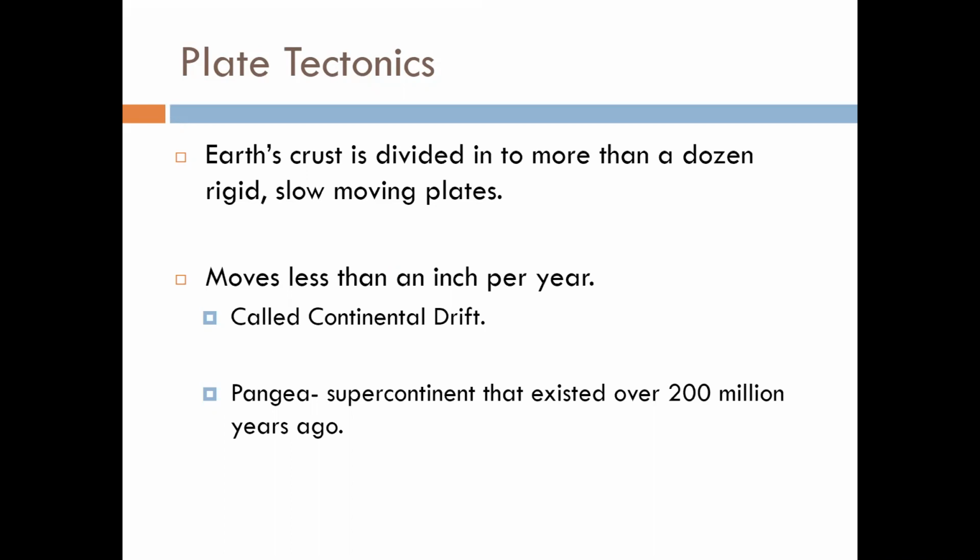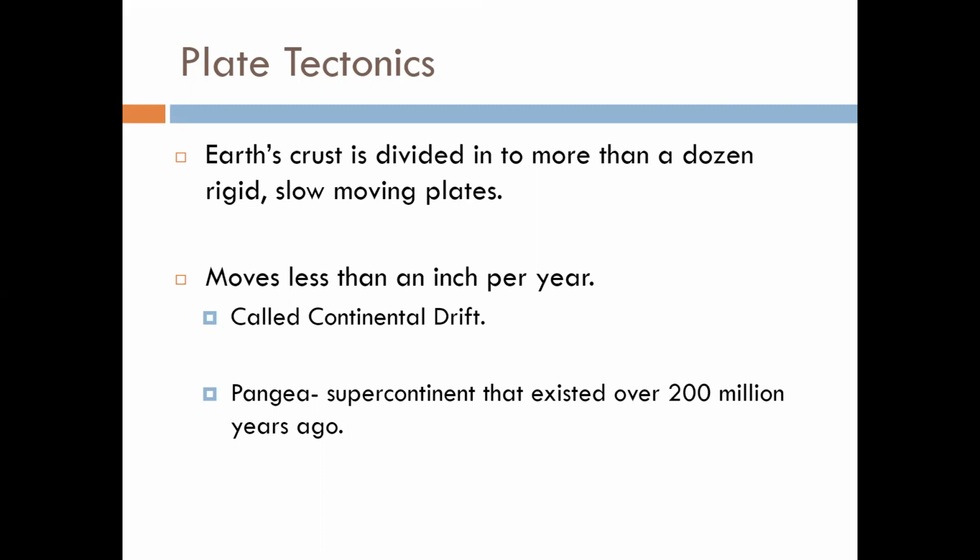This movement of plate tectonics is called continental drift. So this moving, even though it's less than an inch per year, we call that continental drift. Now, Pangea. Have we heard of that before?